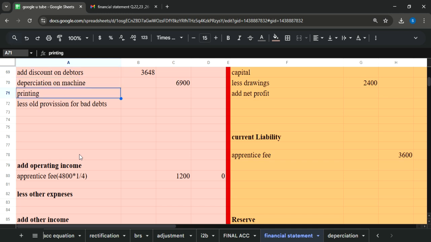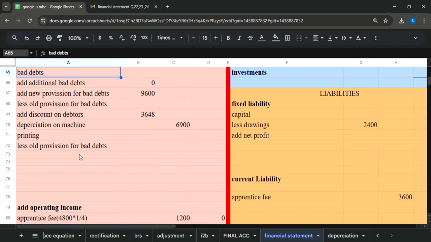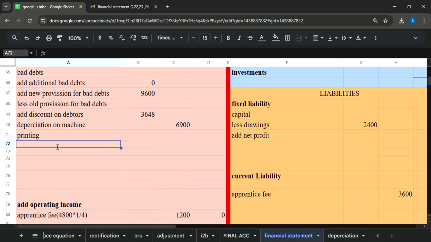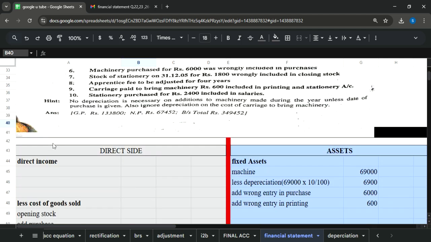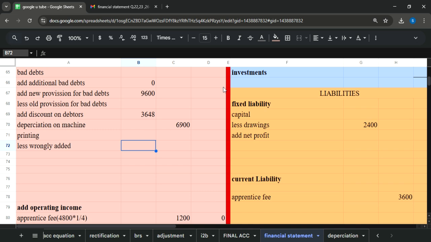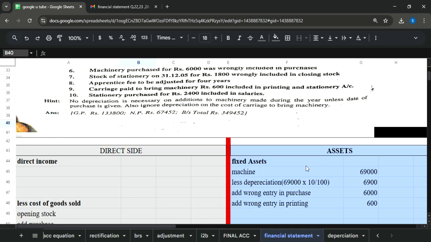So printing less wrongly added, and we see how much amount they are saying, that is 600, and this 600 would be subtracted from here. So guys, you have seen that first effect, it was wrongly entered in printing. We have subtracted 600. Actually, it was part of machinery, so we have added 600.